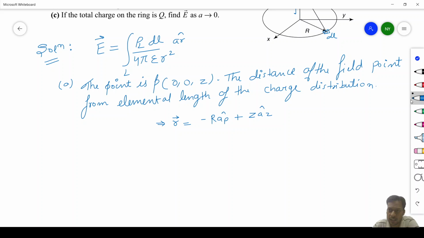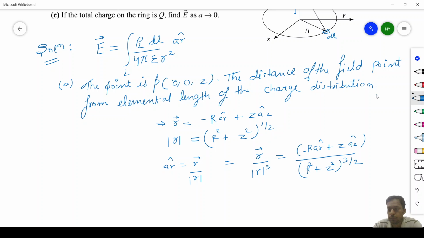But we need, in this electric field, r upon this magnitude cube. So we have r unit vector AR plus z, and the cube of the magnitude, r square plus z square power 3 by 2.